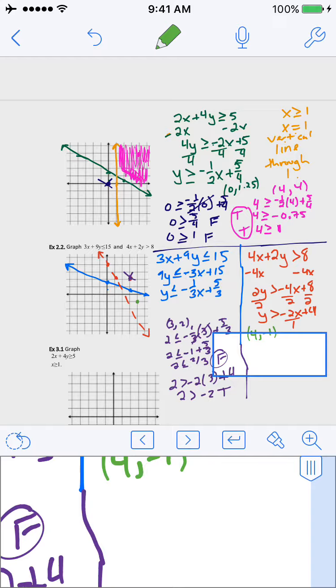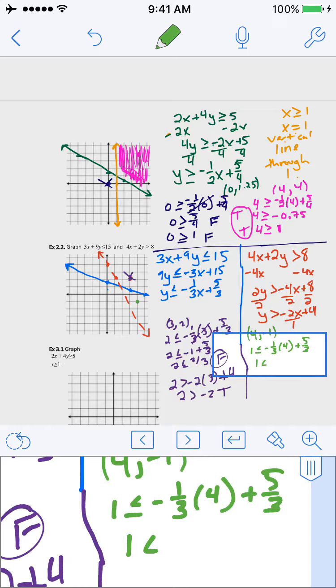We've got, I'll start with the blue side. So 1 is less than or equal to negative 1/3 times 4 plus 5/3. Is 1 less than or equal to, let's see, that would be 4/3 minus 5/3. That would be 1/3. Oh wait, what did I do wrong?